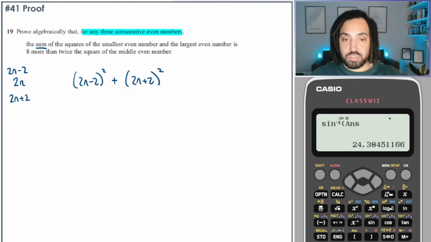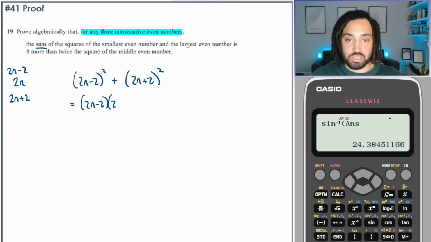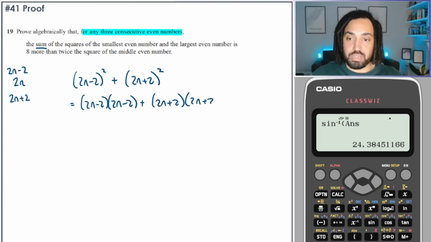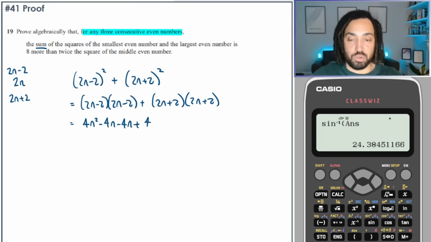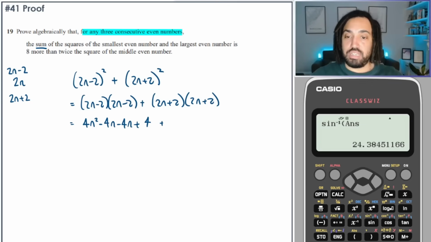So let's just take a moment to work out what that is. So that's (2n minus 2) times (2n minus 2) plus (2n plus 2)(2n plus 2), which is 4n squared minus 4n minus 4n plus 4. And this is 4n squared plus 4n plus 4n plus 4.